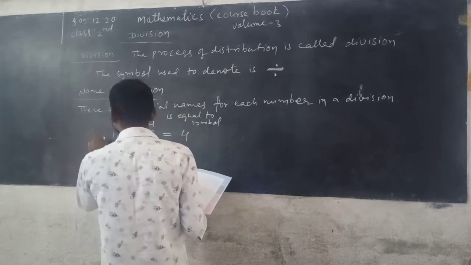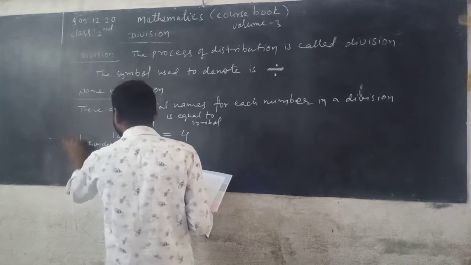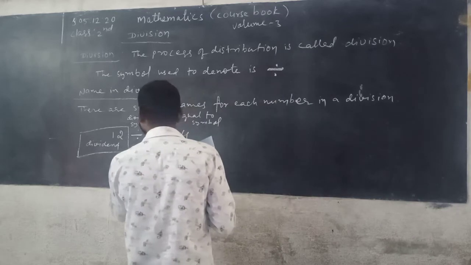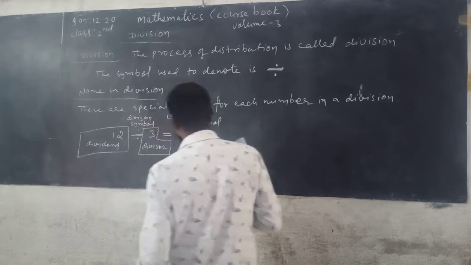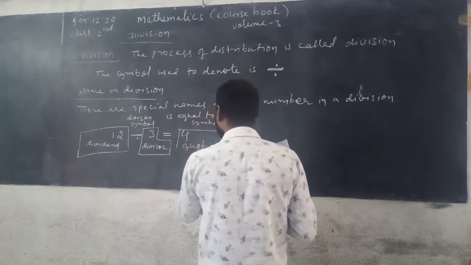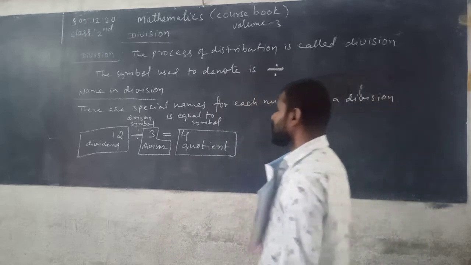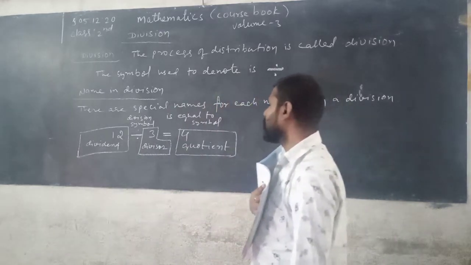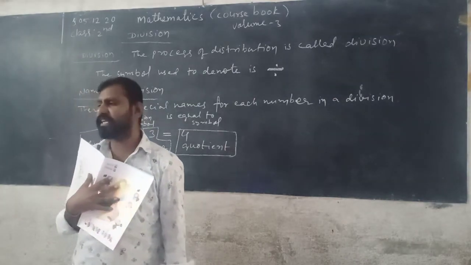Then here, 12 is the dividend. Now 3 is the divisor, and the result is called the quotient. 12 divided by 3 means you can read the 3 table. 3 goes how many times to get 12? 3 1s are 3, 3 2s are 6, 3 3s are 9, 3 4s are 12.